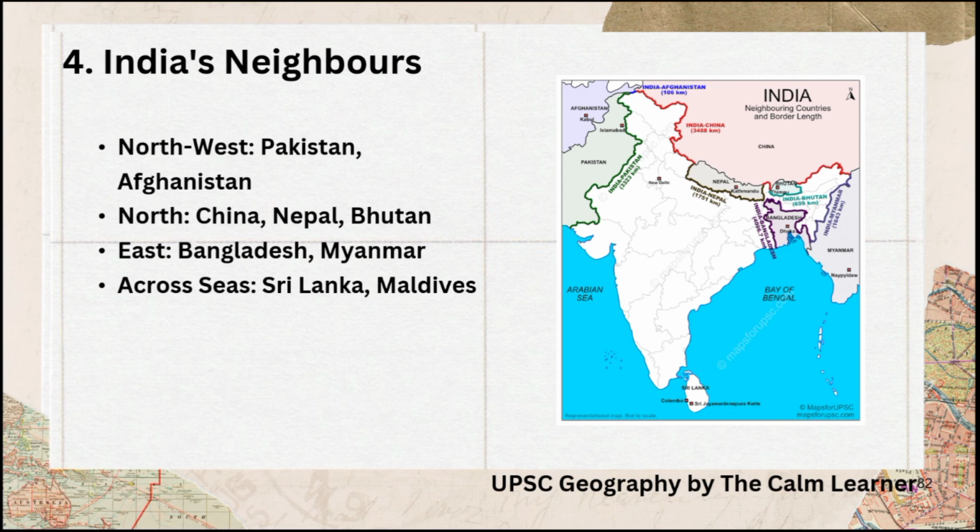Sri Lanka lies to the south of India, while Maldives lie in the Indian Ocean. Knowing India's neighbors is very important because it helps us understand India's political relations, borders, and security. You can take a look at India's neighboring countries and the length of their borders which they share with India. It would be a very important topic for UPSC.